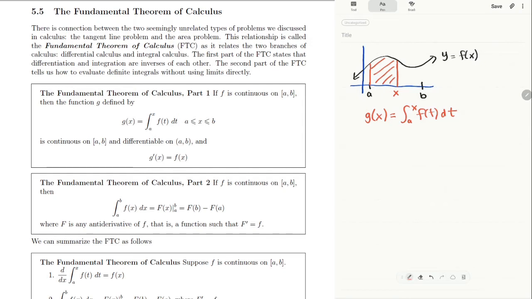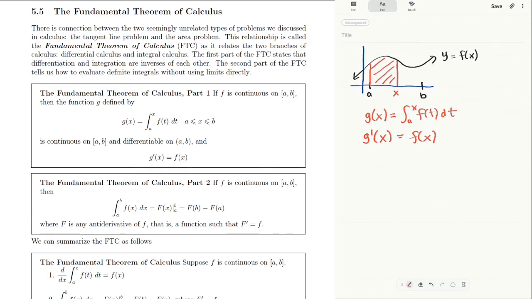And so if the function y equals f of x is positive on the interval from a to b, then g of x represents the area under the curve from a to x. And what the theorem states is that this function is continuous and is differentiable, where the derivative of g is equal to f of x. So we see that the operations of integration and differentiation are inverses, meaning that they will cancel each other when we apply them to the same function.